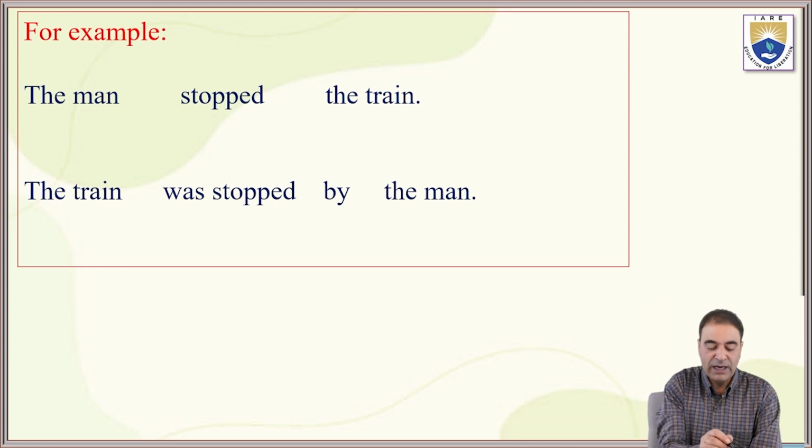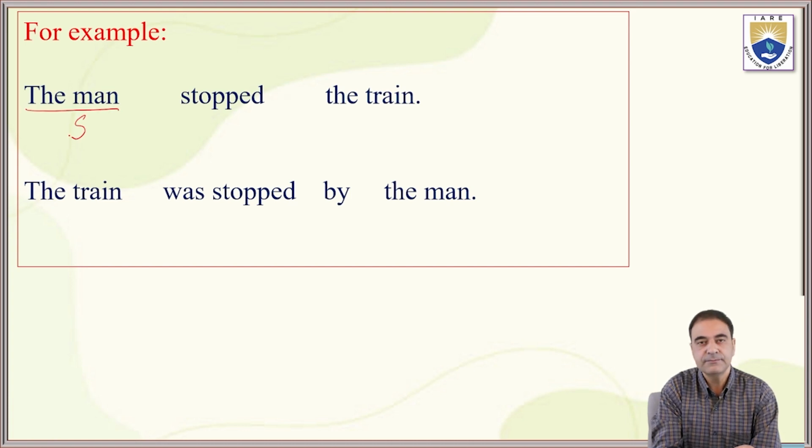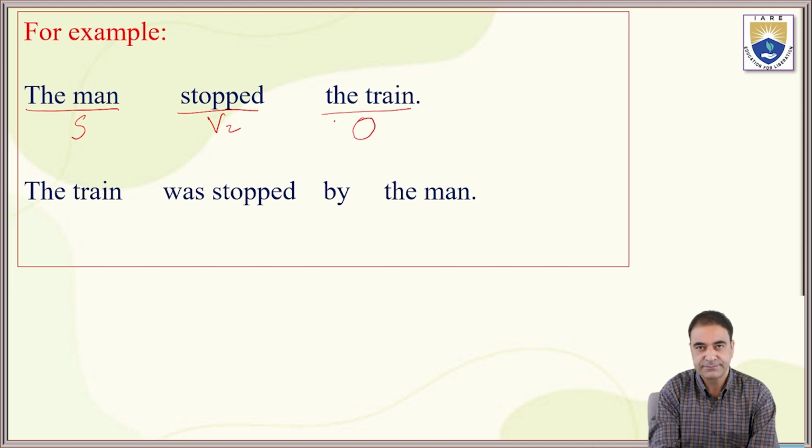For example, look at this sentence. We have the man, this is the subject, that means the doer of an action. Then we have the action, that is stopped, and stopped is verb in second form. And then we have the object, that is the train. Object means the receiver of an action.